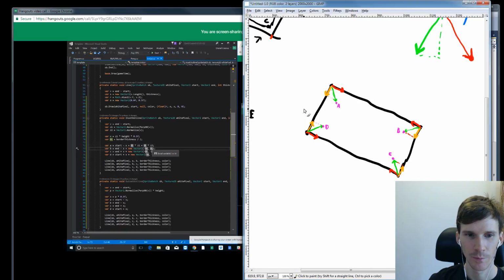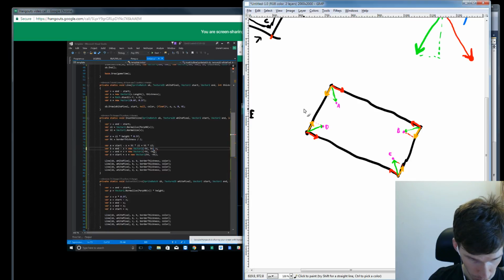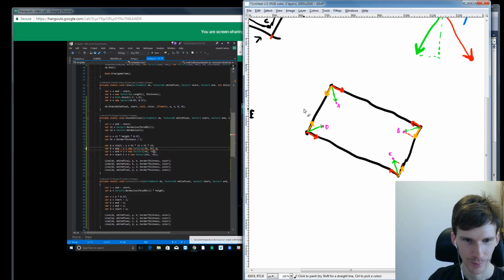We have these different components here, so this Z1 and Z2. This might be harder. Well, I think I'm going to add the... So we want the negative Z1. Oops.